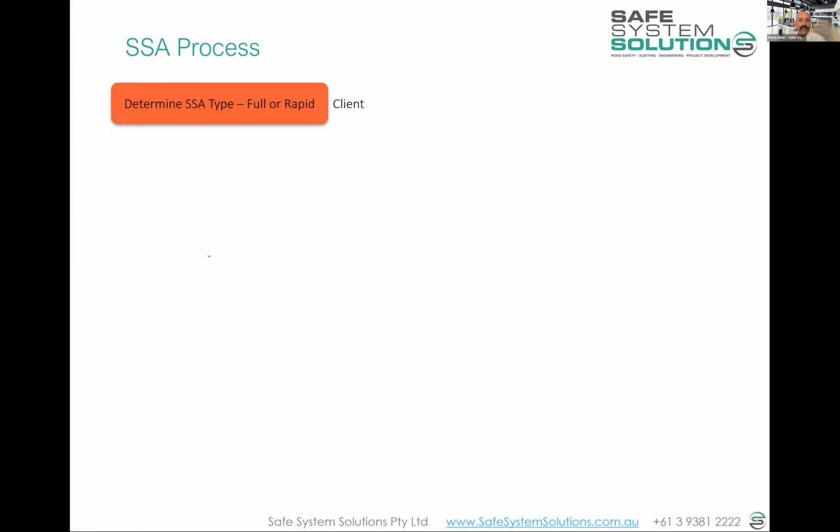Well, somebody needs to determine, is a safe system assessment going to be done? And if so, is it going to be a full or a rapid safe system assessment? In the next couple of slides, I'll talk you through the difference between those full and rapid safe system assessments. But somebody's got to make that decision. And that is essentially, I'll call them the client. It's the project sponsor. It's whoever's making those decisions around the process associated with the development of this infrastructure.